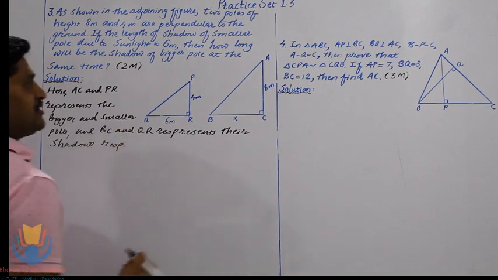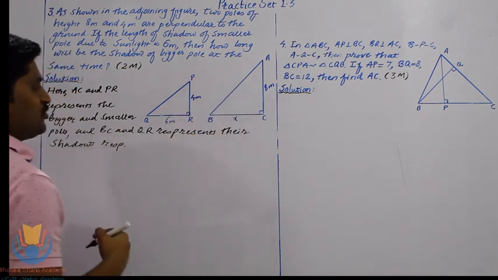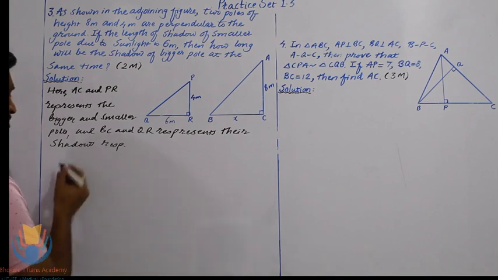So we will use this property: vertical poles and their shadows always form similar figures.